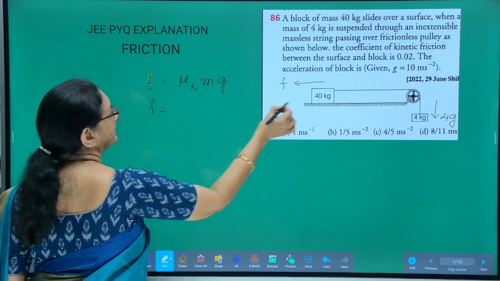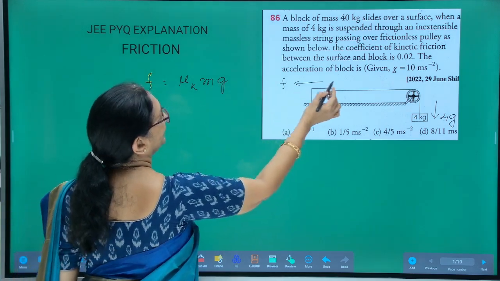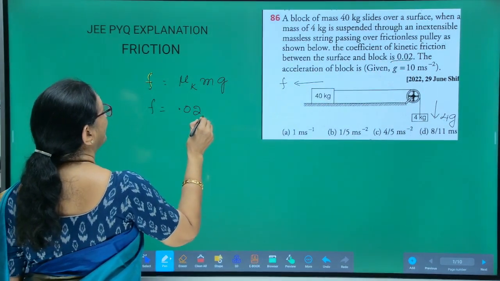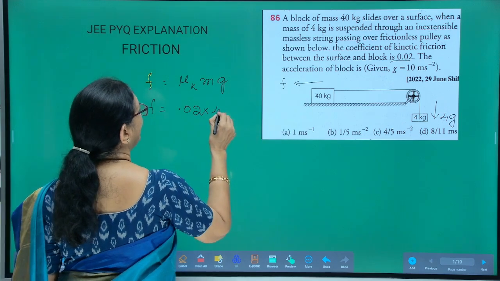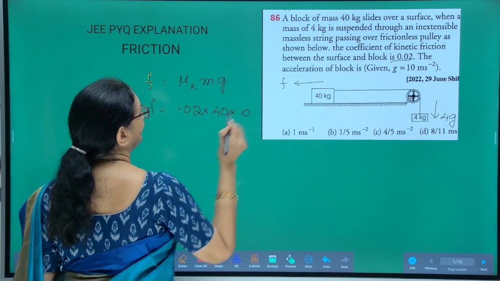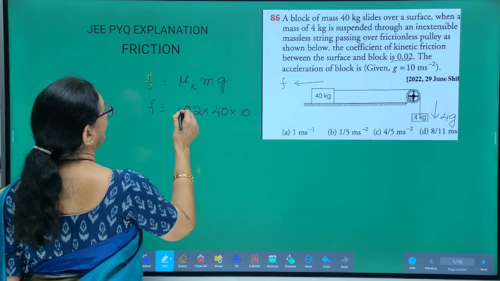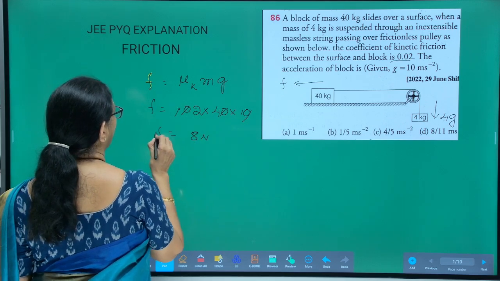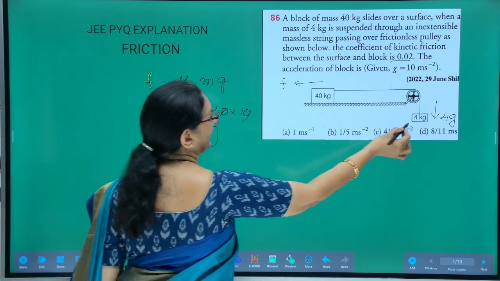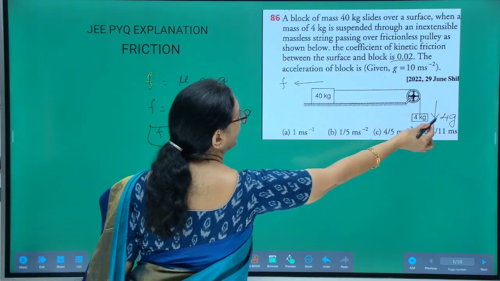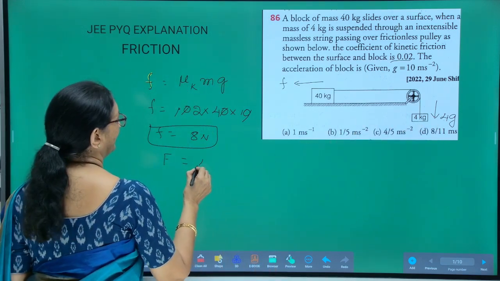In this case, coefficient of friction is given as 0.02, mass of the block is given as 40 and G is given as 10. So, friction is 8 Newton, frictional force.